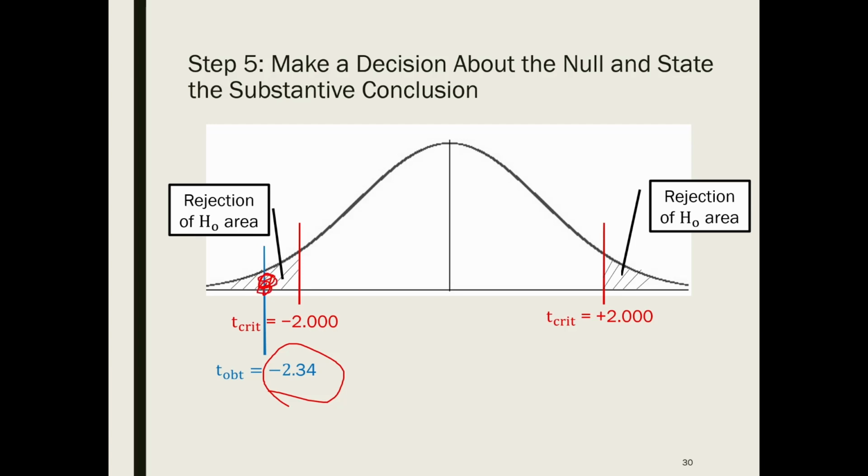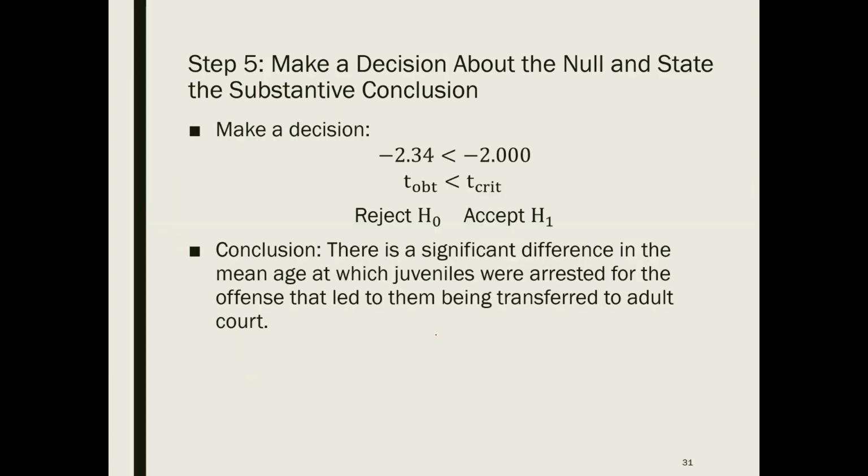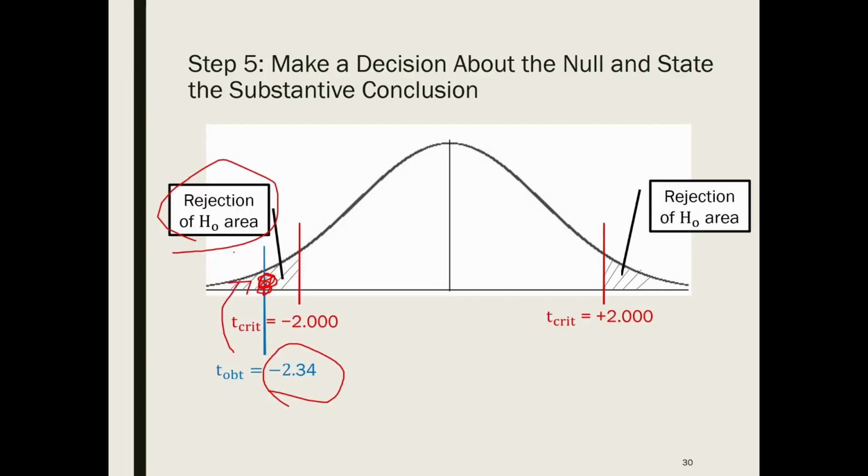Okay, so what did you see? The t obtained lies in the rejection of null hypothesis area. Yes? That's very easy to make your conclusion, right? Since negative 2.34 is less than negative 2, t obtained less than t critical, therefore it's in the rejection area.